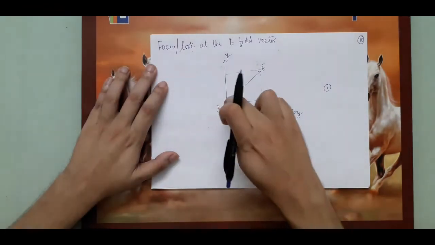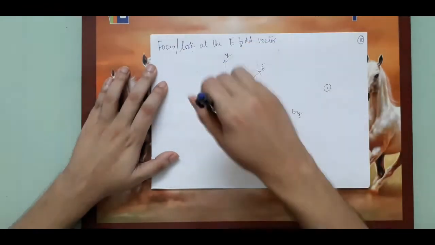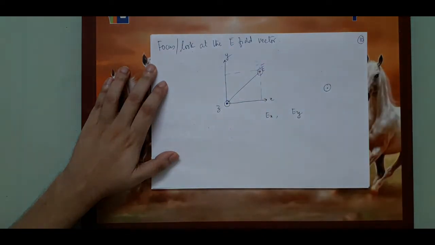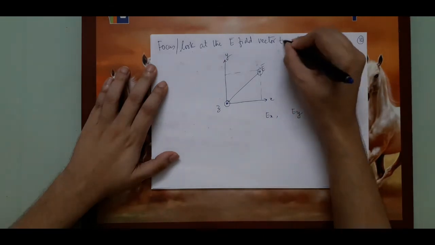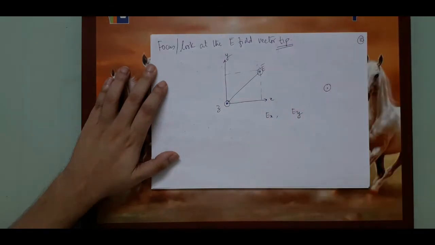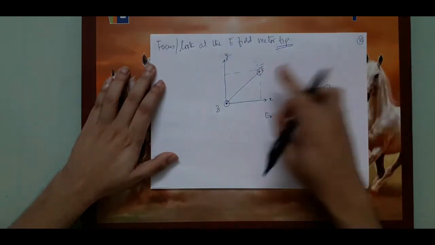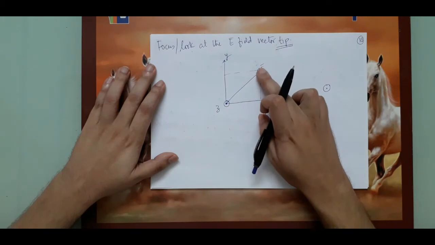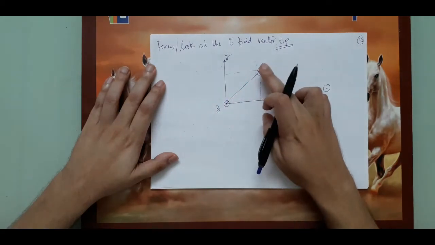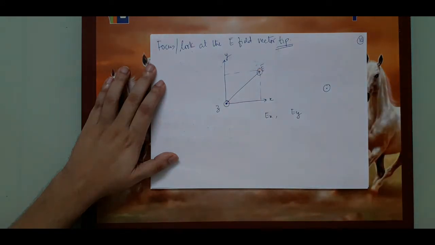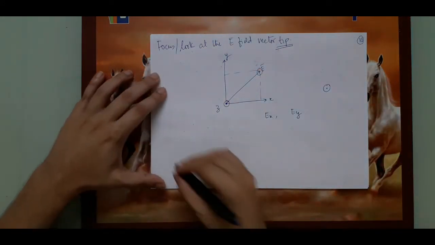Now if I am looking from here through the z axis, what I am looking at is only the tip of the E field vector. The way the position of the electric field vector tip changes with time is called polarization.